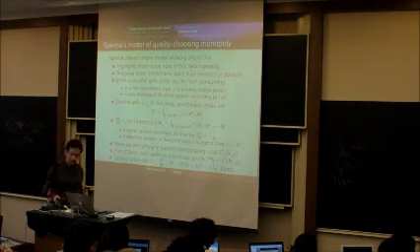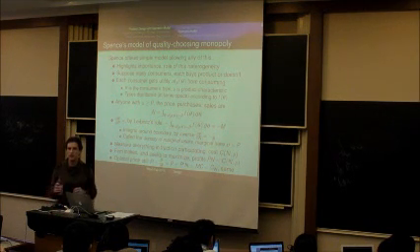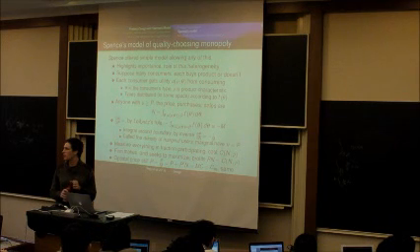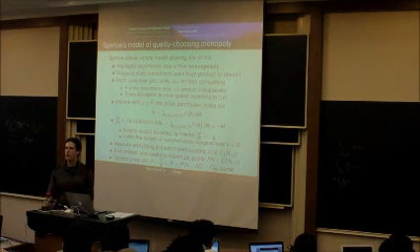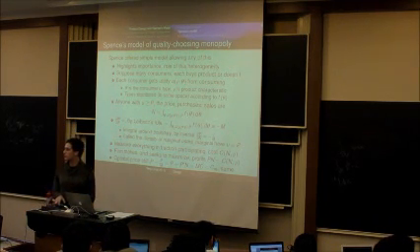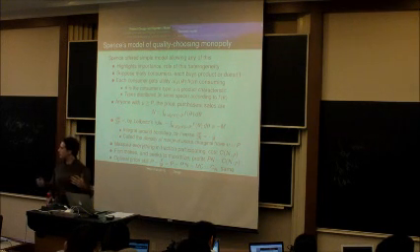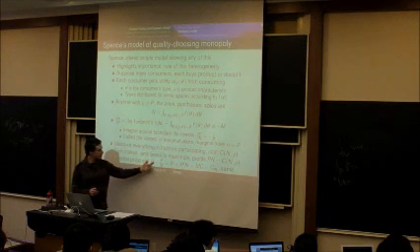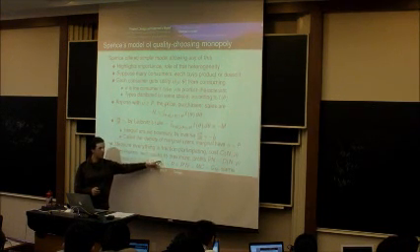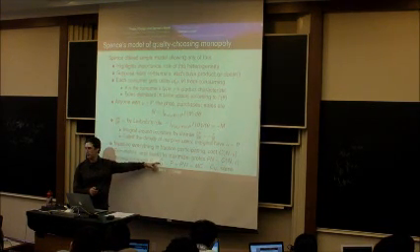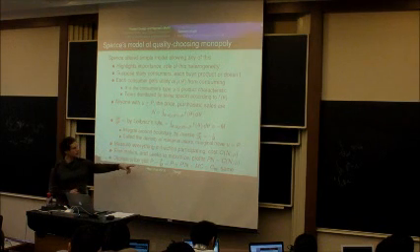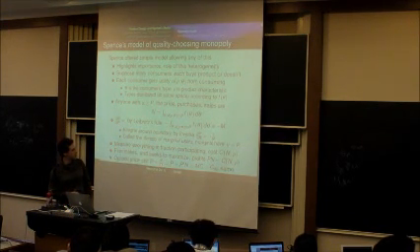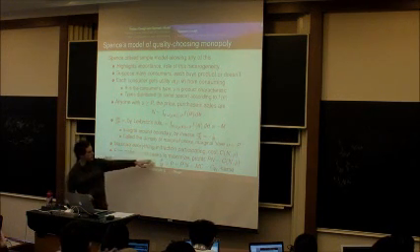Okay, so how do we find the optimal price for the firm? Well, we can just do the same thing we always did before. We can just say, if I increase the number of people, what's my marginal revenue? What's my marginal cost? The marginal revenue is price minus how much price changes when we increase the number of people times the number of people.